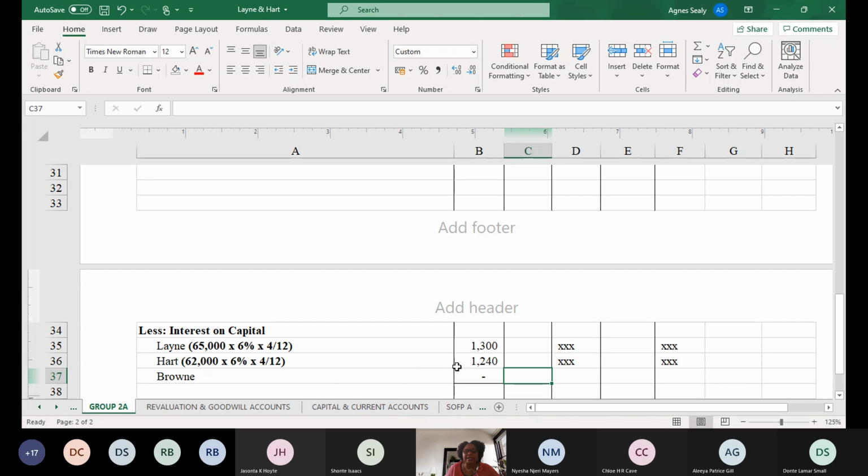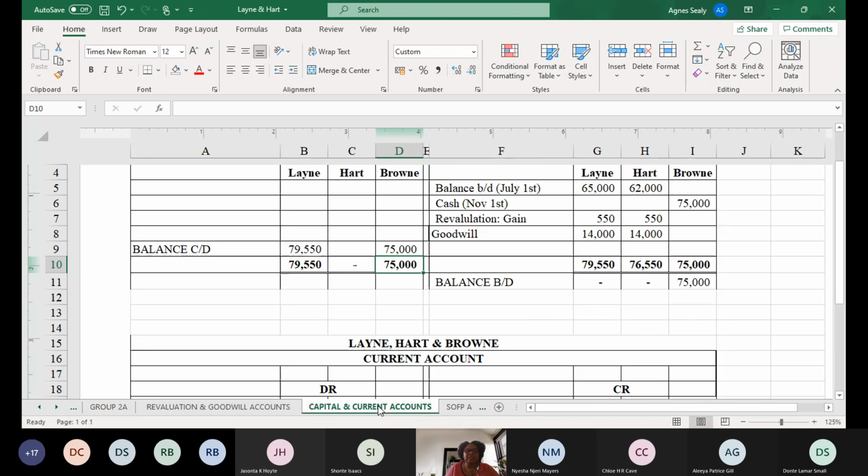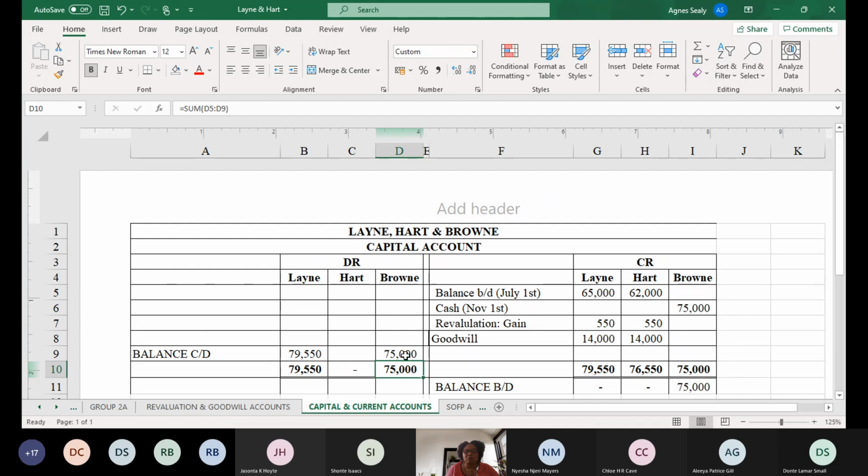And now we have to look at the new agreement. Under the new agreement, Brown's capital is $75,000, and Layne's new capital is $79,550. Why? Because Layne would have started the financial year with an investment of $65,000 capital in the business.